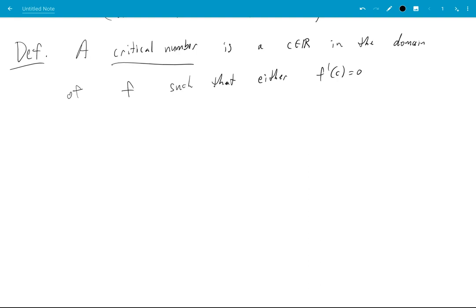That's the most obvious one. There's another one that's not so obvious, or f prime of c just does not exist.